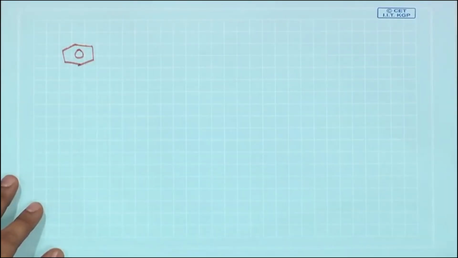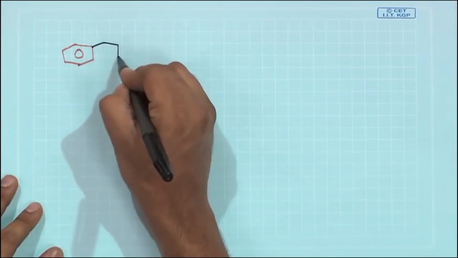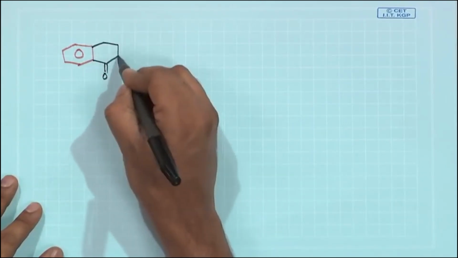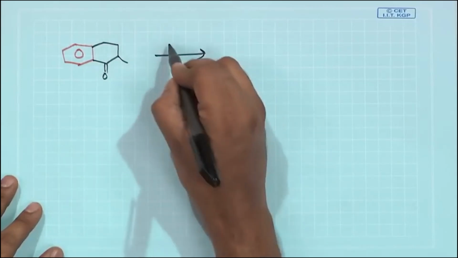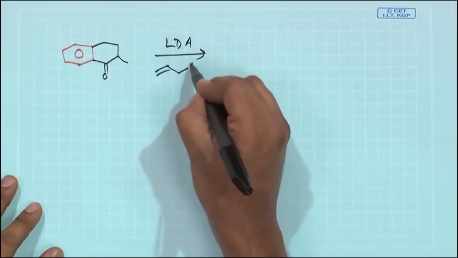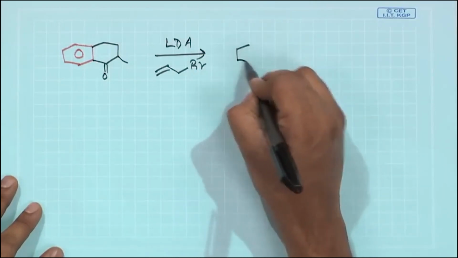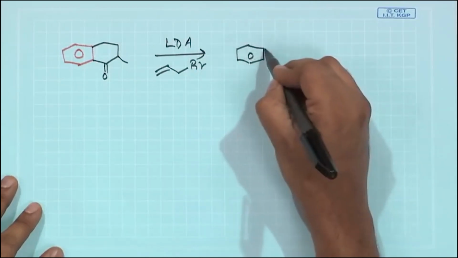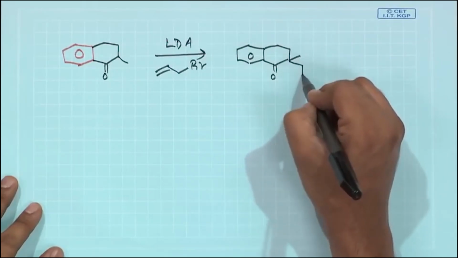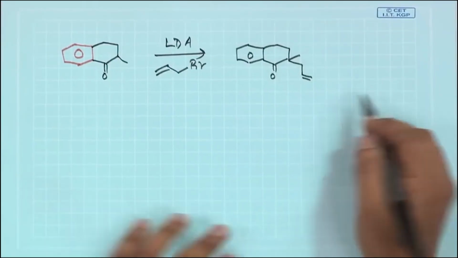Okay. So, your synthesis will now start in a forward pathway. We will start from this alpha tetralone compound, which is this compound, LDA 1 equivalent and allyl bromide. So, we will basically get the all carbon quaternary stereocenter.